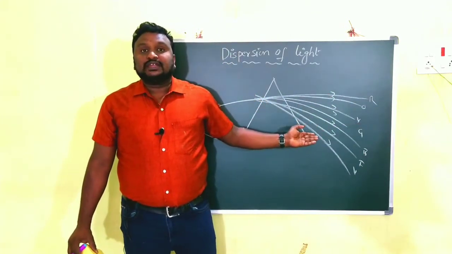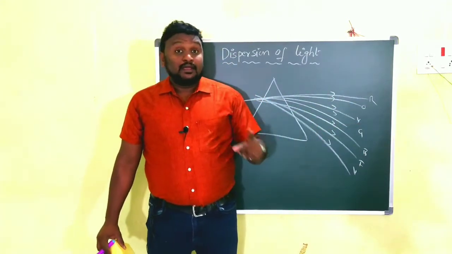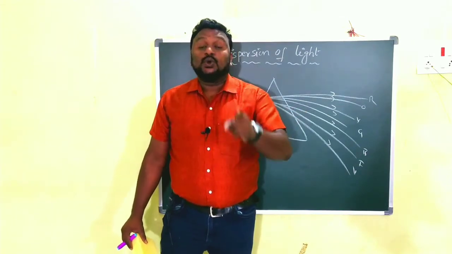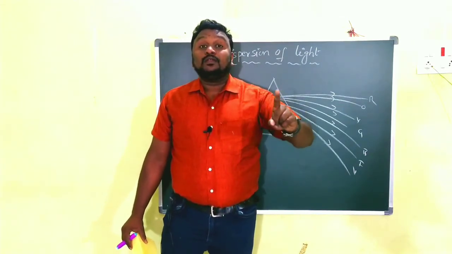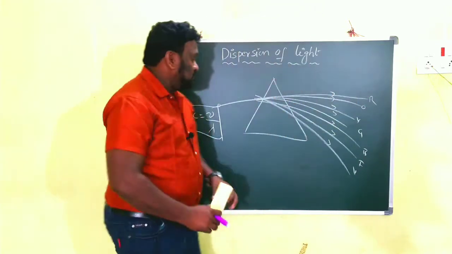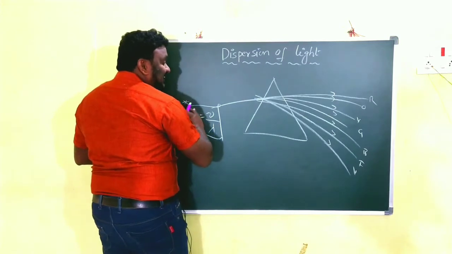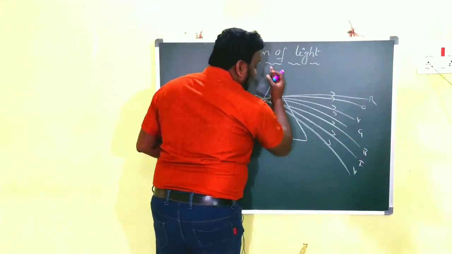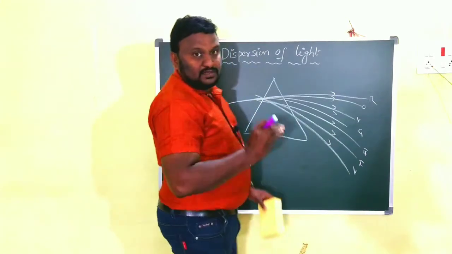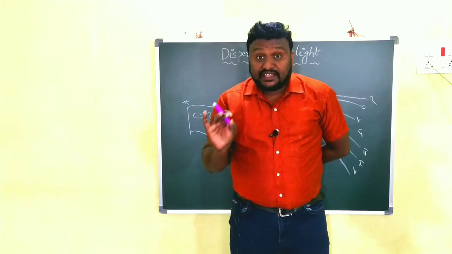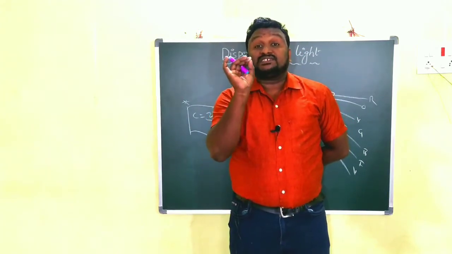The wavelength should be different for every color, but the frequency does not change while moving from one medium to another medium. That means the number of waves which enter the prism should be equal to the number of waves which emerge from the prism. Clear? The frequency of light does not change during the dispersion process.